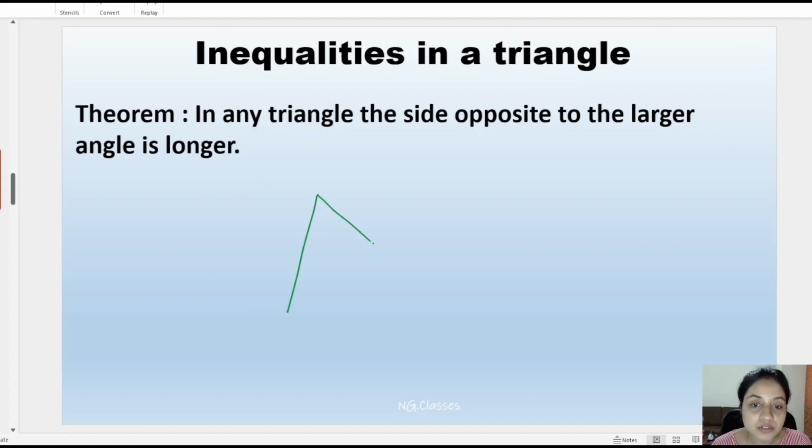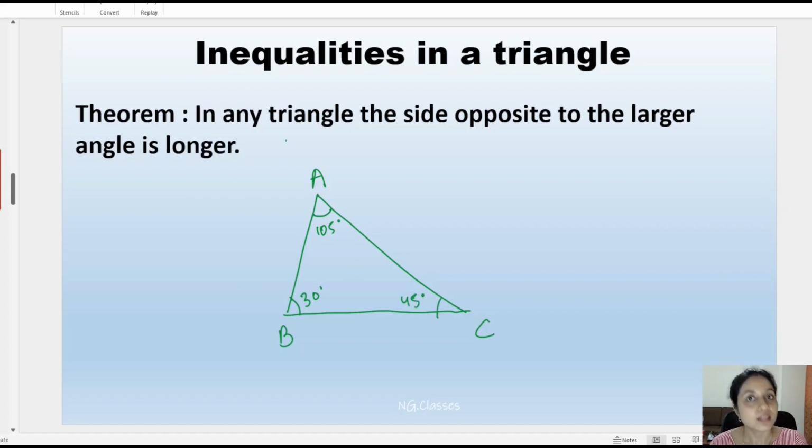If we have triangle ABC, where angle A is 105 degrees, angle B is 30 degrees, and angle C is 45 degrees, then according to the theorem, the side opposite to the larger angle will be longer. 105 degrees is the largest angle here, and the side opposite to that is side BC.